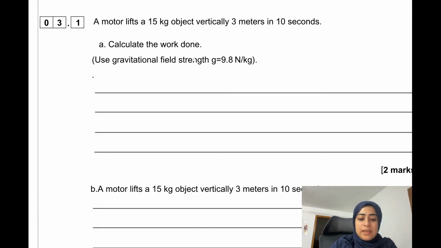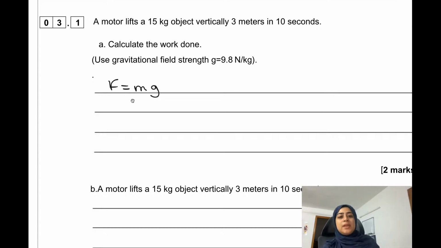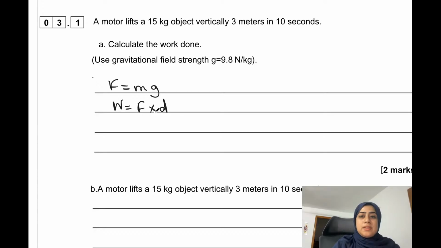So firstly, we would use F equals mg to work out the force. And then we know that work done is force times distance. So two formulas are being used here. First, you need force, so you need to do F equals mg. And secondly, you need to work out the work done, which is the force times the distance.